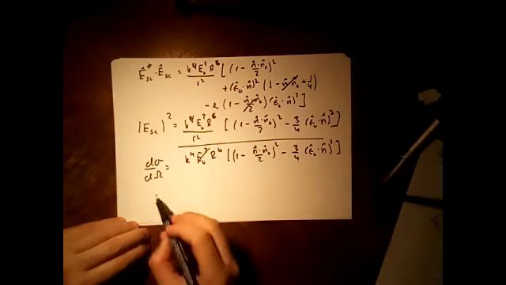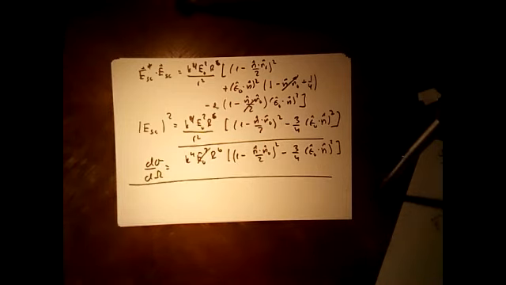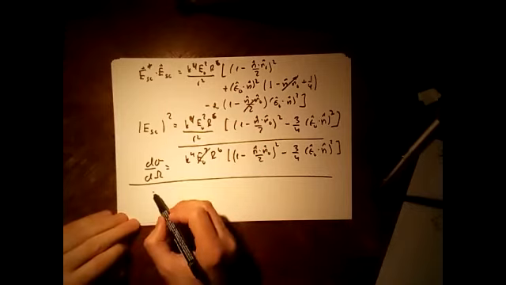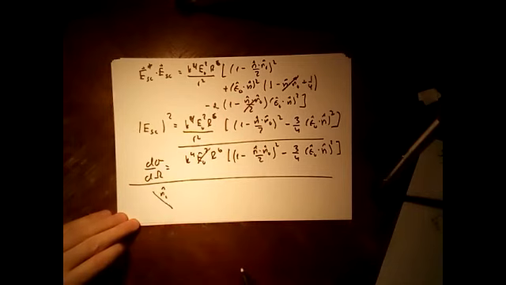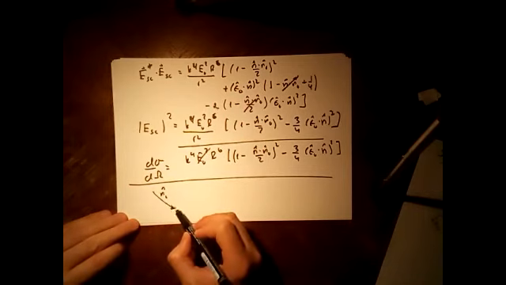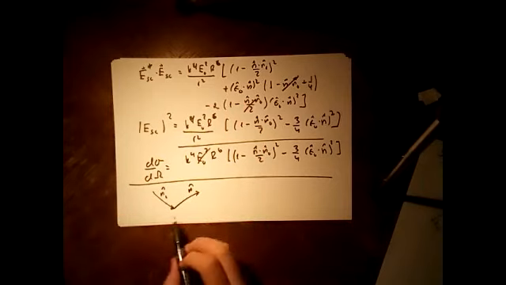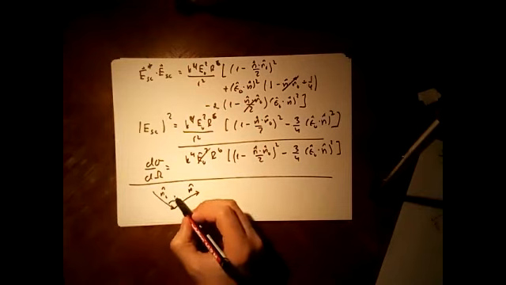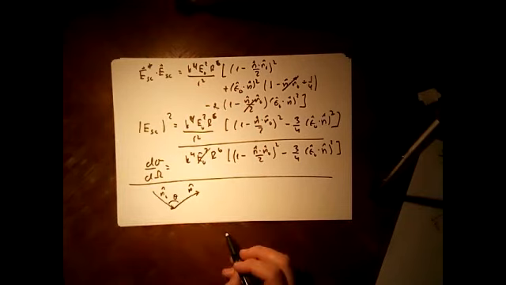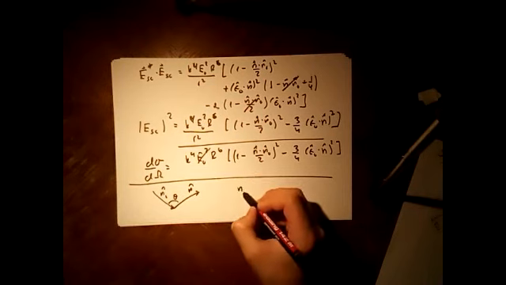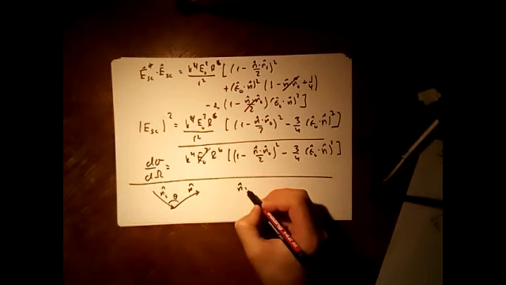And the interesting thing now is that we can break this down into two contributions. So suppose that I have an n0 incident wave coming in like this, and n going out in that direction. I'm going to call the angle between them theta. Then I can rewrite n dot n0 as cosine theta.